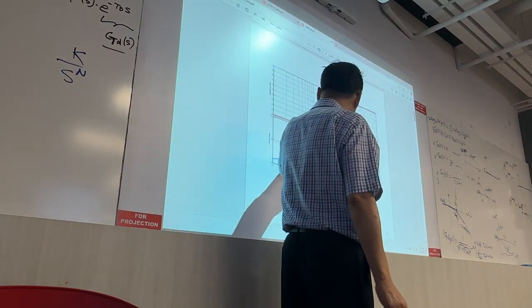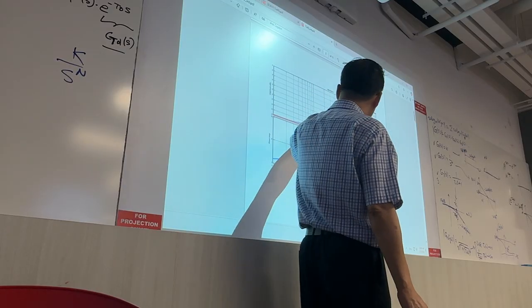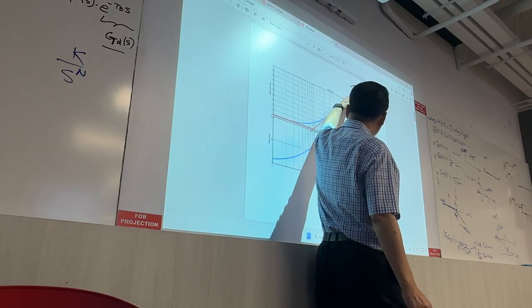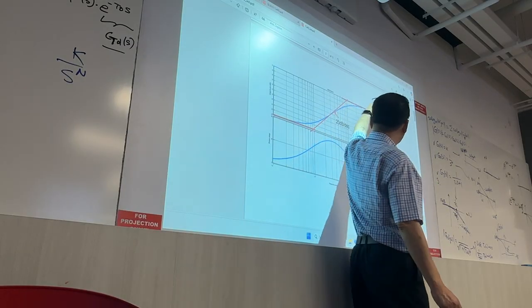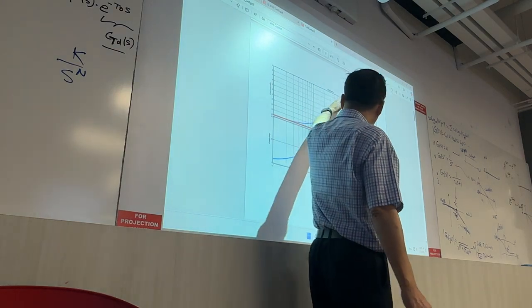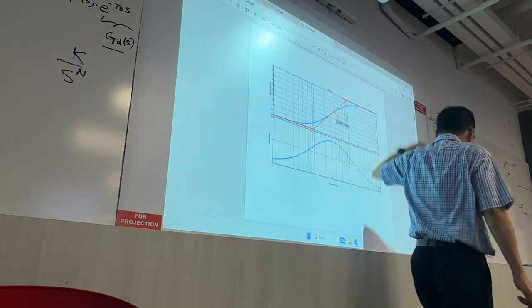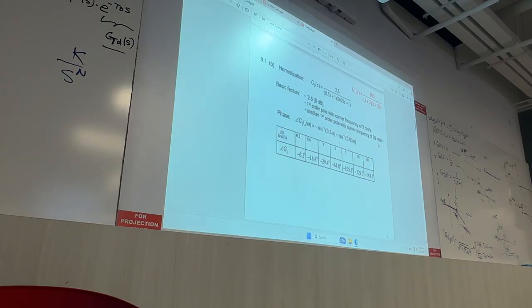It will go all the way until you hit the first corner frequency at 1. It's a 0, so you bend upwards at the slope of 20 dB per decade, and then there is a pole, which will bend the slope downwards by minus 20 dB. And the phase plot just follows the table. Okay?